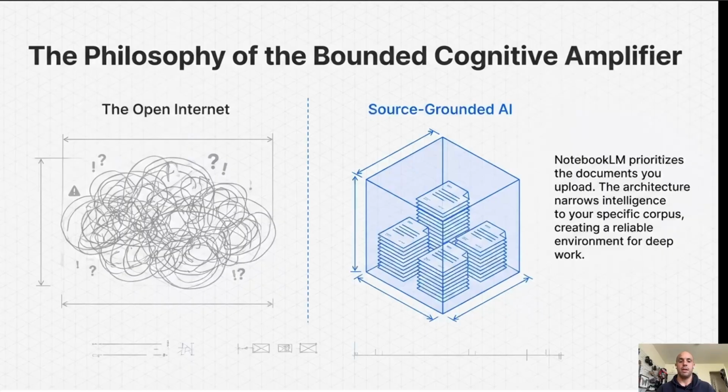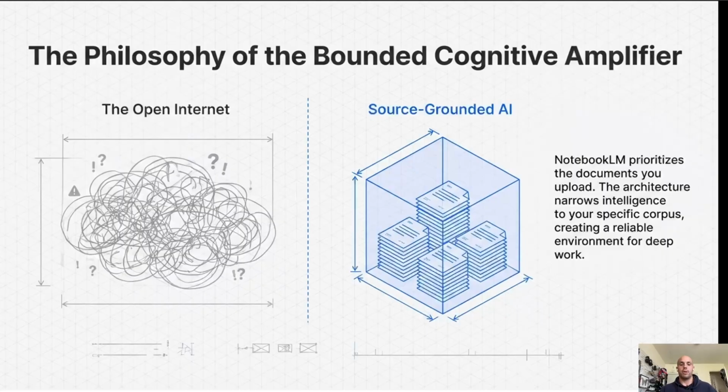The difference between, let's say, a ChatGPT and a NotebookLM is that NotebookLM is built as a source-grounded AI. Essentially, NotebookLM prioritizes the documents and sources you upload. And so that architecture allows for a narrower intelligence, because it's given the specific body of sources and documents, so it can avoid hallucinating and generating answers from millions of data on the internet.